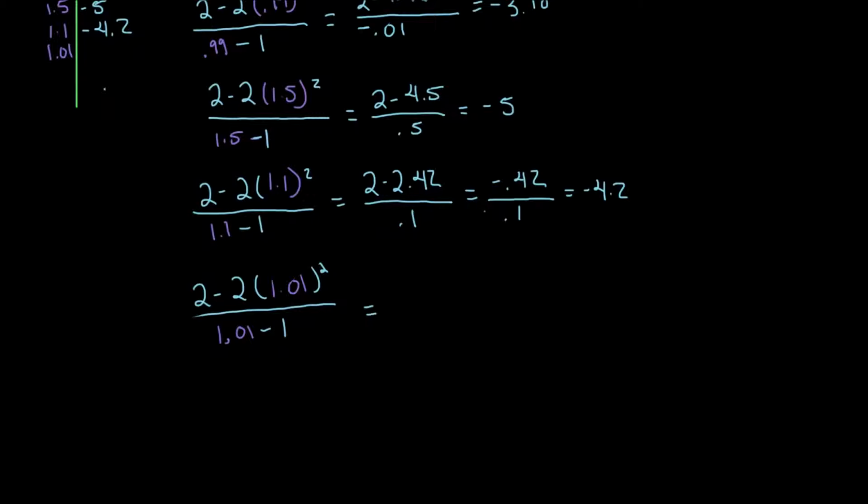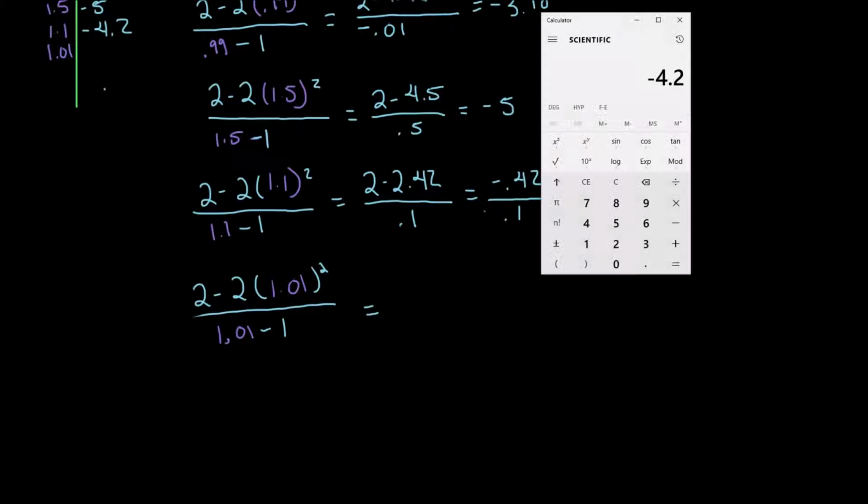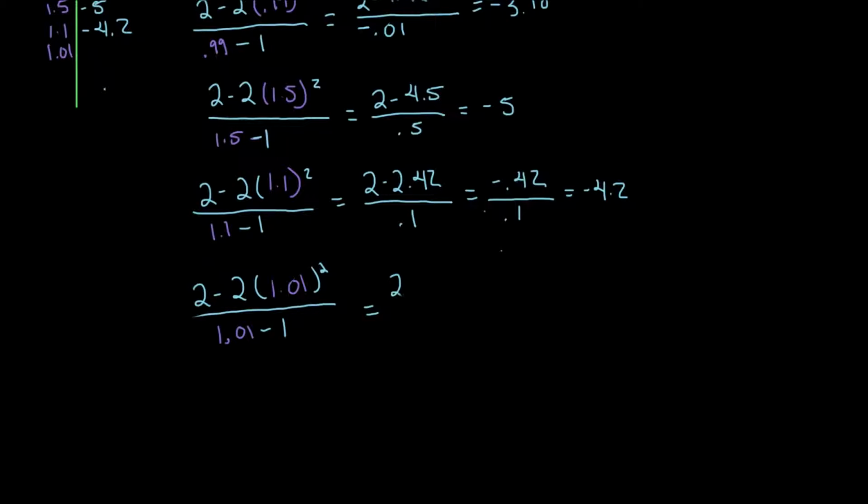Breaking out our calculator, 1.01 squared times 2 is 2.0402. 1.01 minus 1 is 0.01.